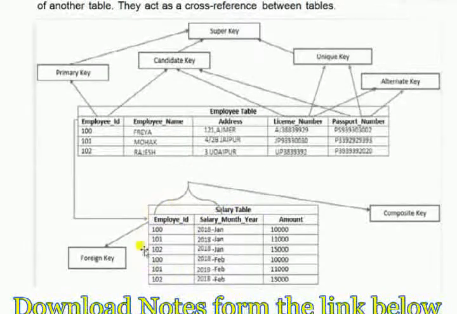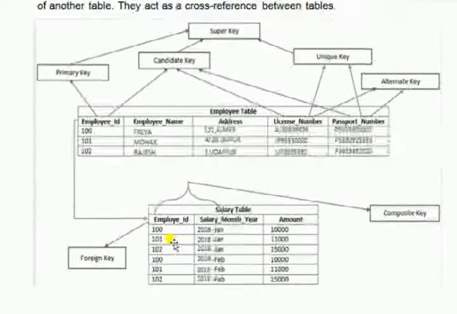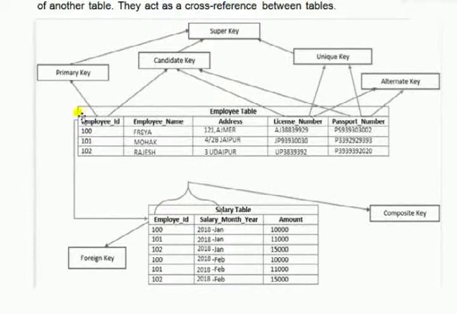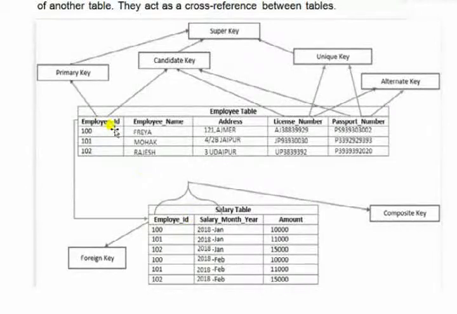Clear? Now the foreign key. Take another table, say a salary table. Here employee ID is a key field. When a table has a key field and that key field is connected to another table, both of the fields should have the same name, same characteristics, and some common values.